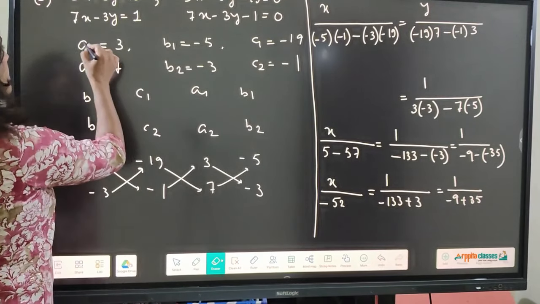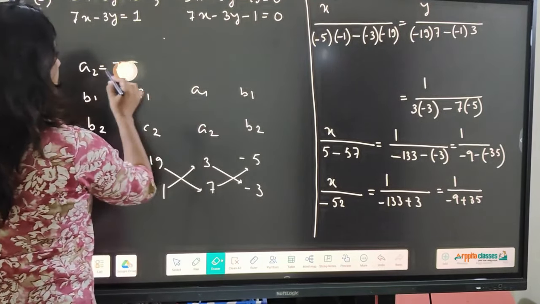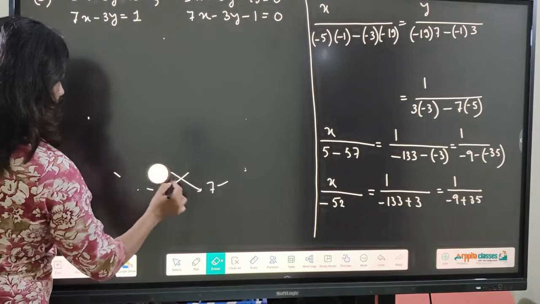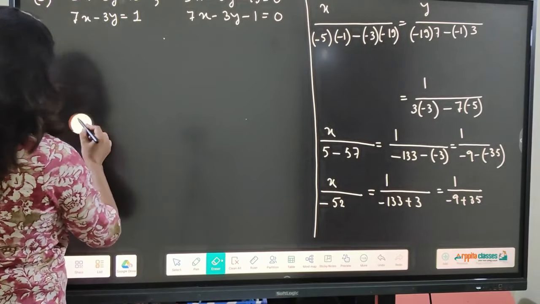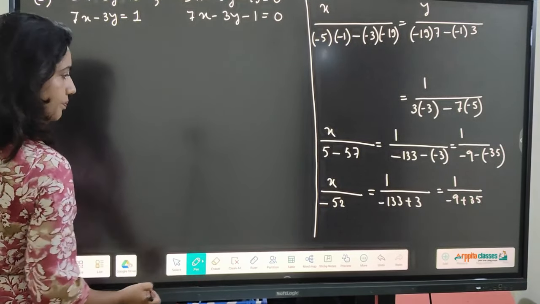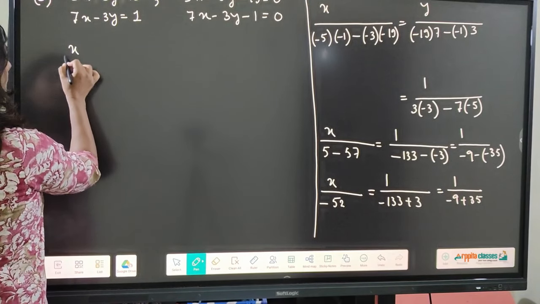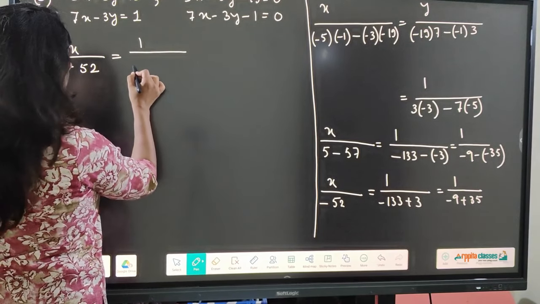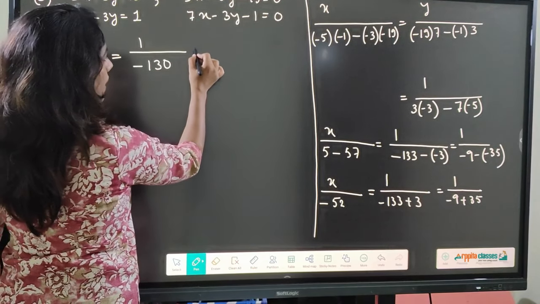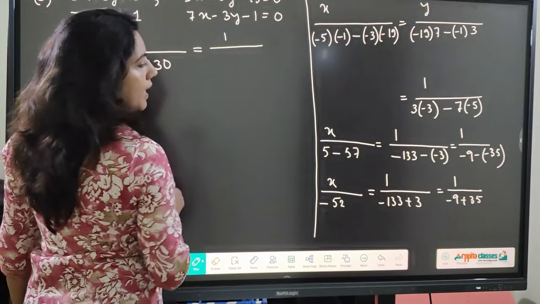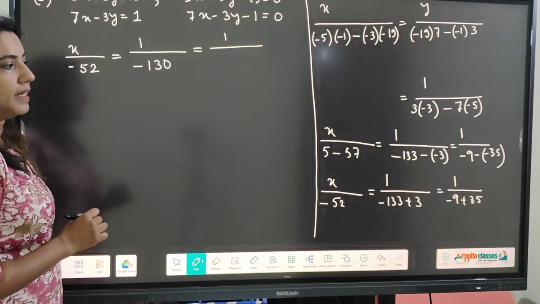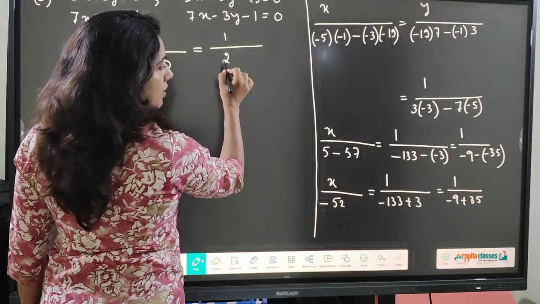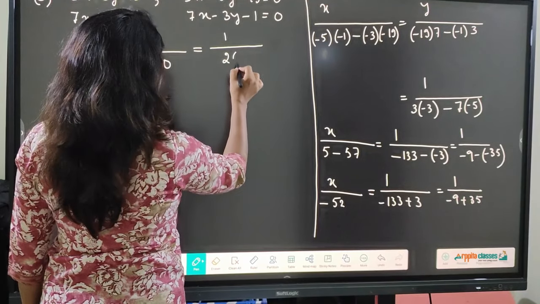Okay, I'll just erase this part. Okay, now so we get x upon minus 52 is equal to 1 upon minus 130 is equal to 1 upon 35 minus 9 is 26.